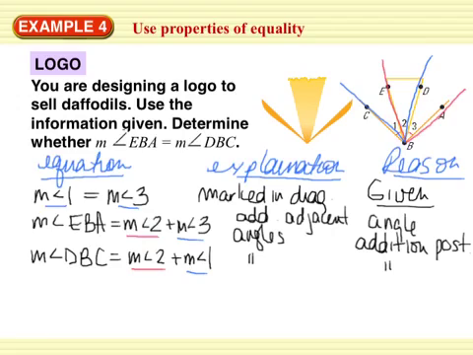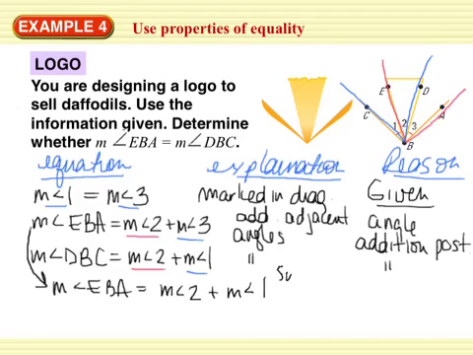I'm going to rewrite the measure of angle EBA is the measure of angle 2 plus the measure of angle 1, because 1 and 3 are the same, so I'm substituting the measure of angle 1 for the measure of angle 3.